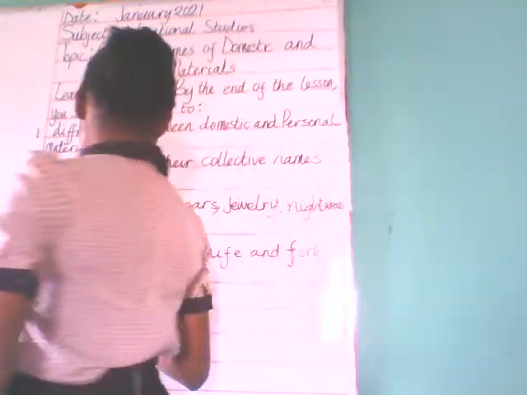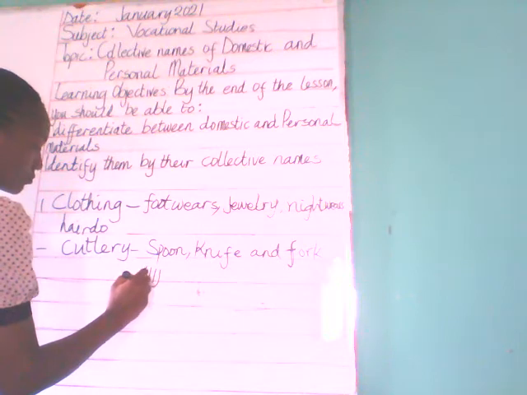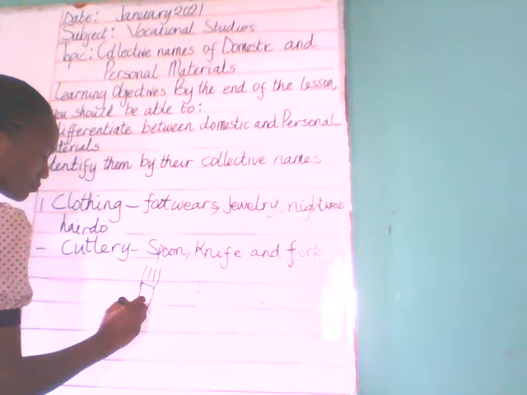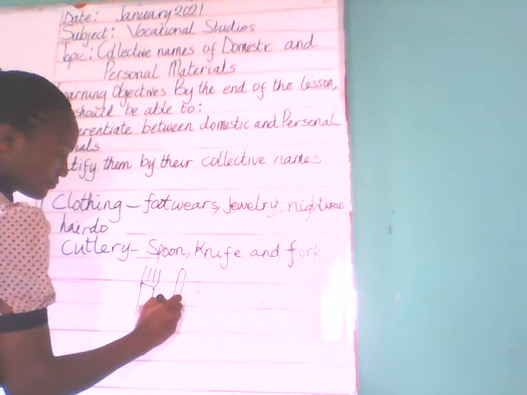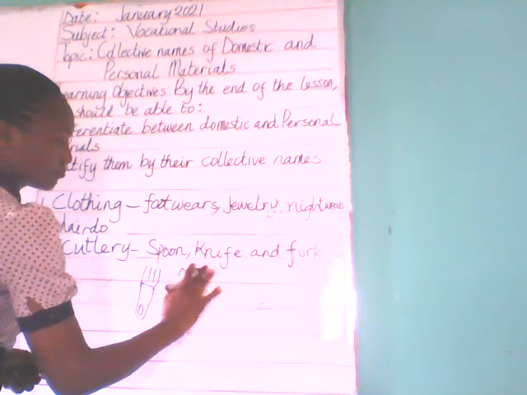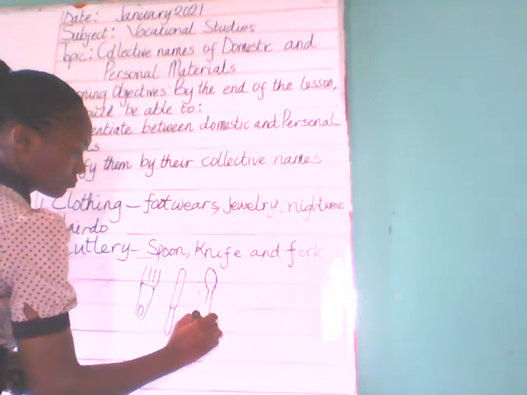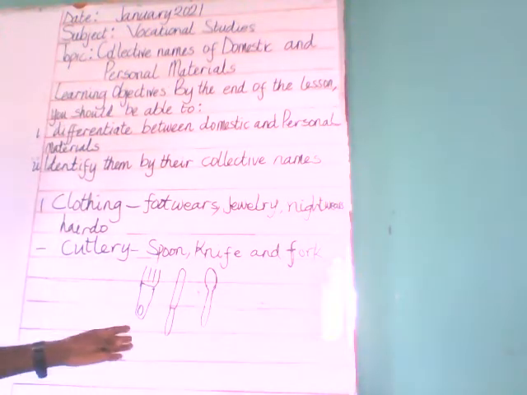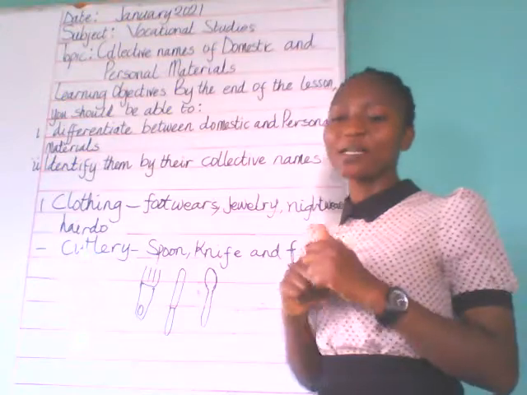This is the spoon. And then we have the fork. Then we have the knife. This is what we call the cutleries. When you want to eat, you use them on the table when eating.